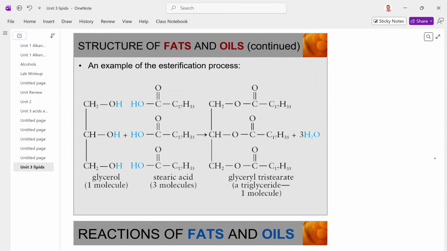So we can make a triglyceride by making an ester. An ester requires an alcohol and an acid. And the acids in this case are fatty acids, stearic acid, which is a C18 acid.